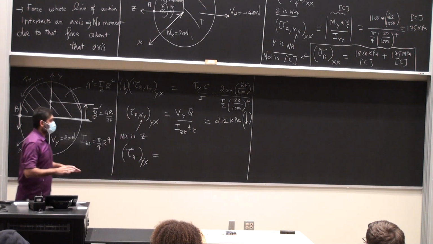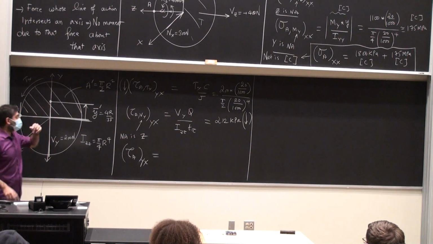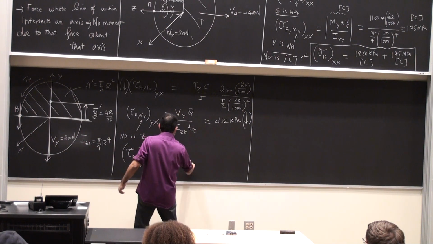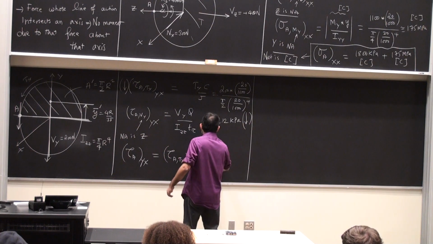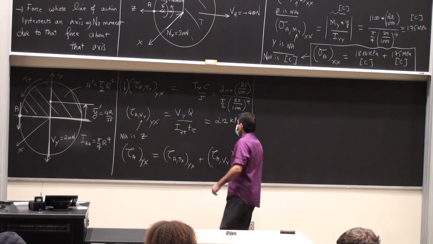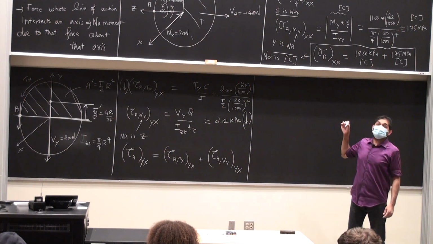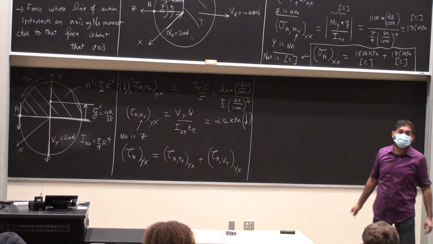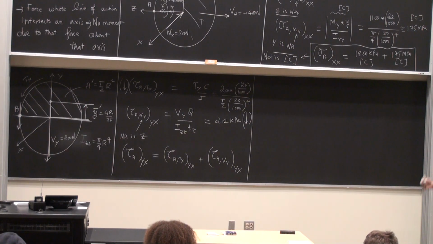So tau A in the Yx direction, the net one, is tau A due to Tx plus tau A due to Vy, both of them being down. Vz is not going to contribute to any shear stress at the point A, because point A is on the outside of the cross section if I look at the force Vz.